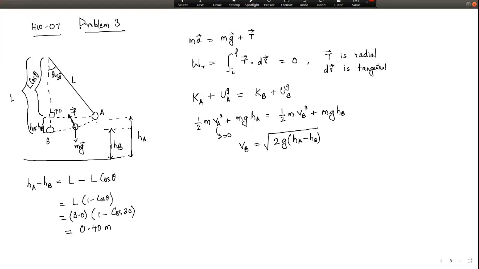So the velocity at point B now is the square root of 2 times, now we have the numbers, 9.8 times the difference in the height, 0.40, which comes out to be 2.8 meters per second. And that's the quantity the problem is asking us to calculate.